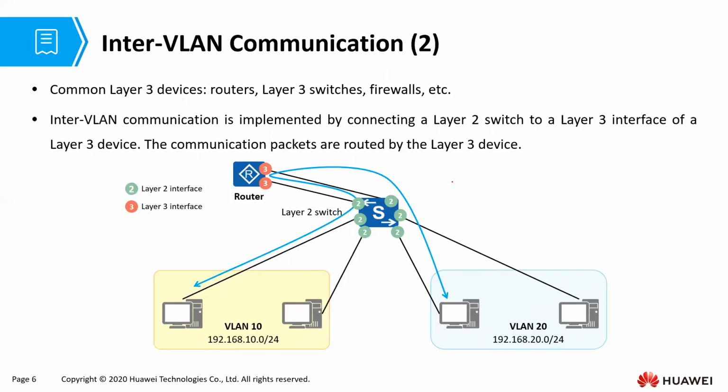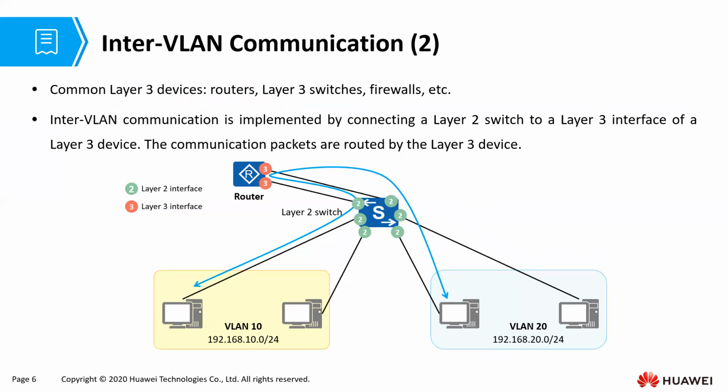So in this example, we are assuming this is a layer 2 switch. It can't do VLAN routing. That's out. It will forward VLANs exactly the way they are. So when a packet goes to a layer 2 switch, it needs to go to a layer 3 device for change of IP addresses. It will do the routing at a layer 3 device, and then send it out of the layer 3 device.